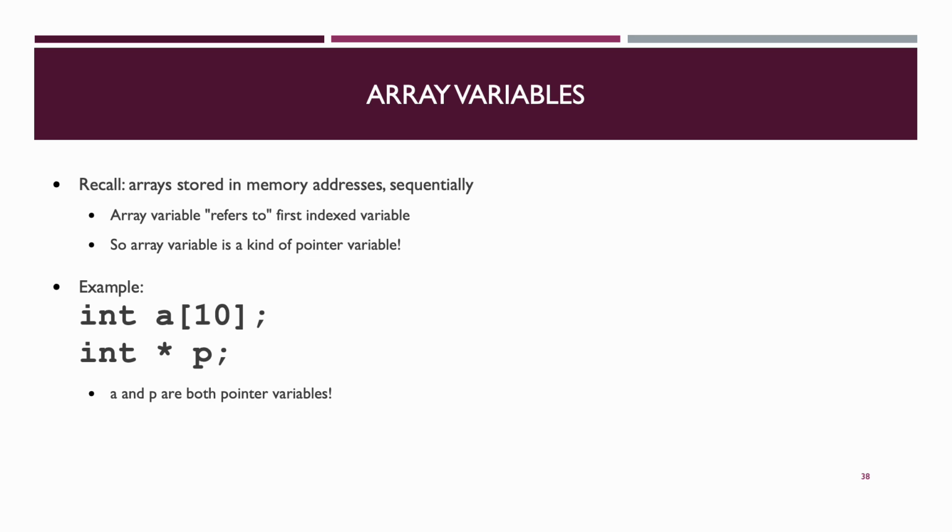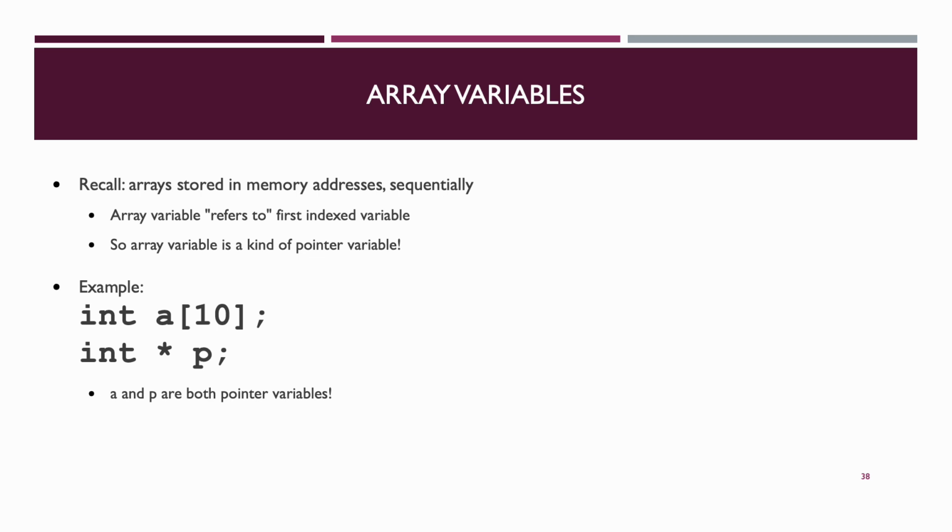So for example, if you declare an array int a[10], the elements of this array will be placed in memory one after the other. The name of the array, like a in this example, refers to the first element of the array, which is why we say that an array variable is a type of pointer variable.